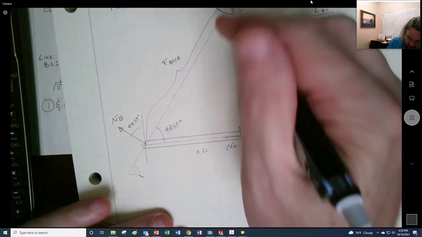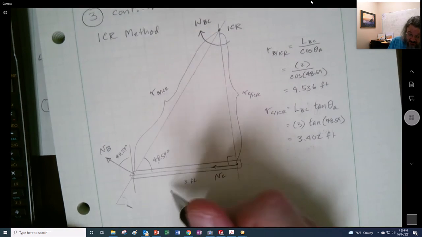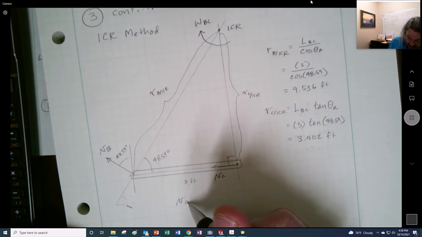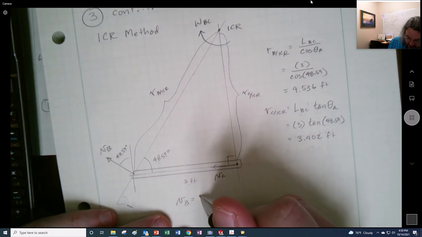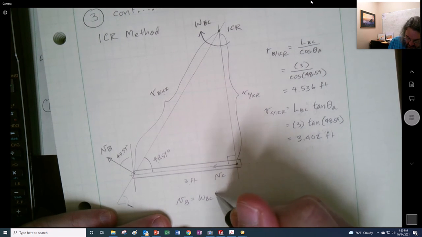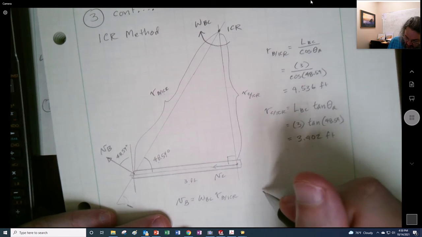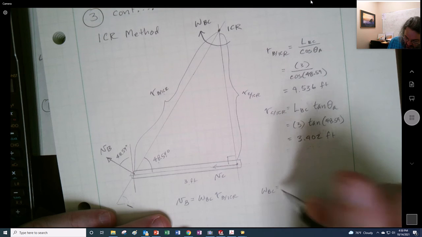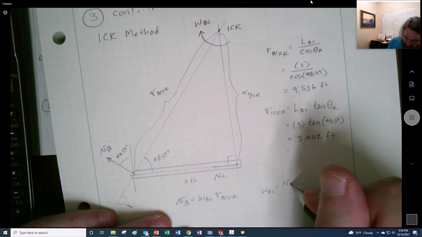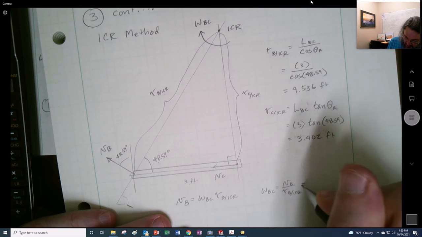So now I can find my omega BC. We'll write out the velocity of B, which is going to be omega BC times RB with respect to ICR. Therefore, omega BC is equal to VB over RB with respect to ICR.